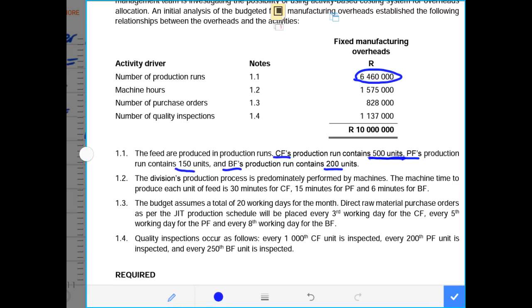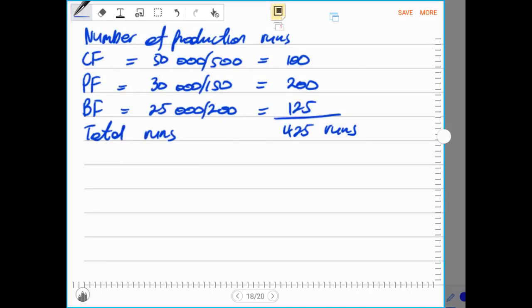So now we have to allocate using the number of production runs, allocating this to each of the products. Allocation of the cost of production run.